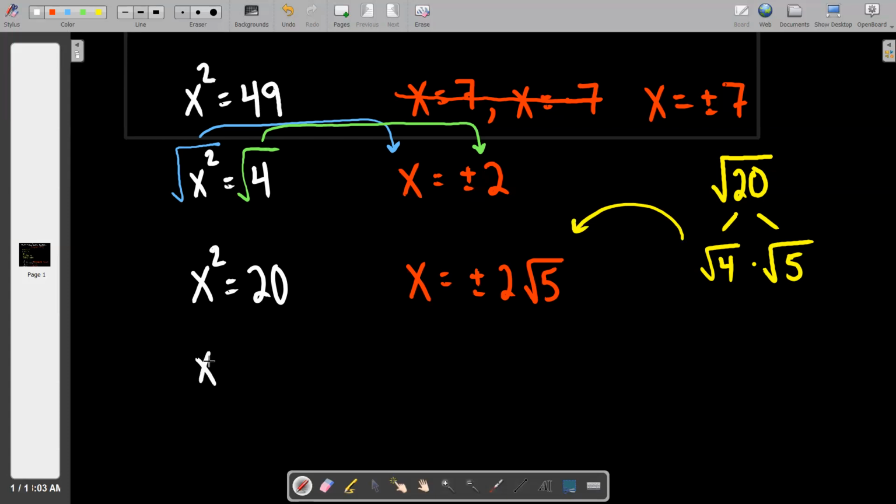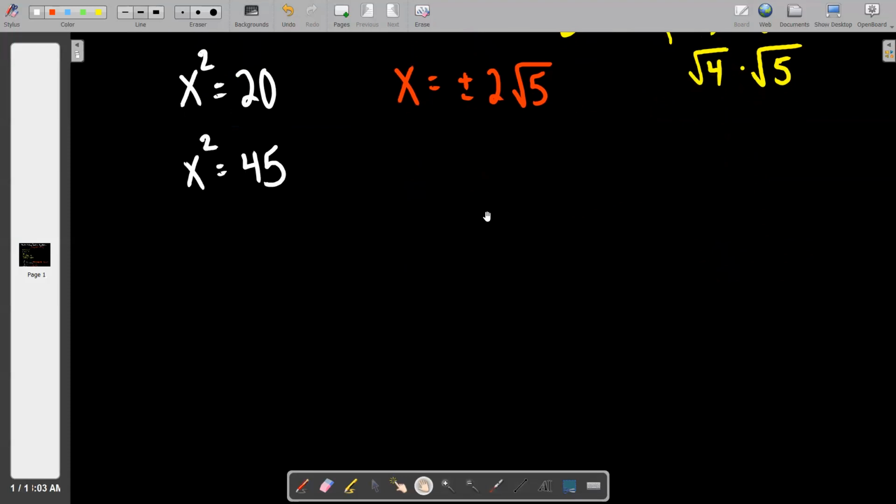How about this one? We know 45 is not itself square rootable, but we do also know that it has a pair of factors that we are interested in.